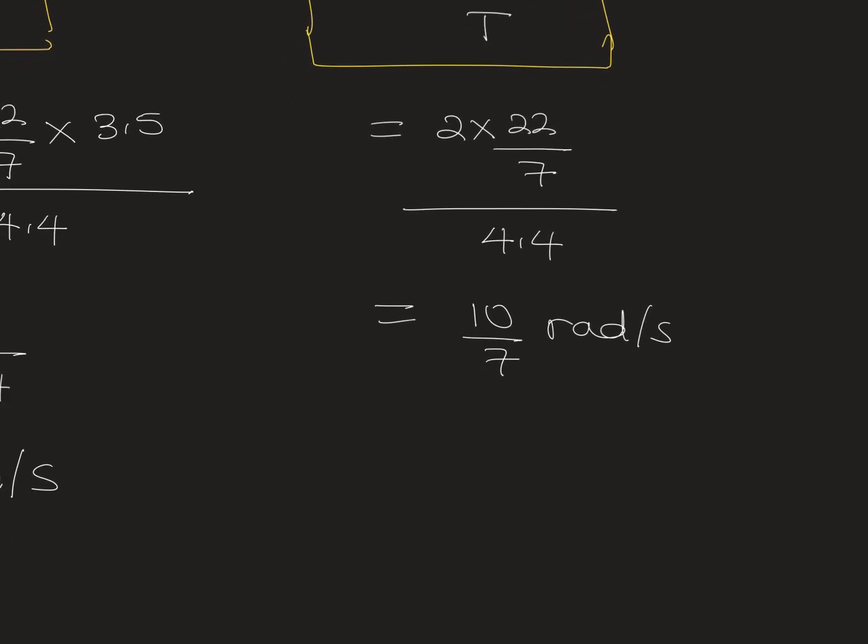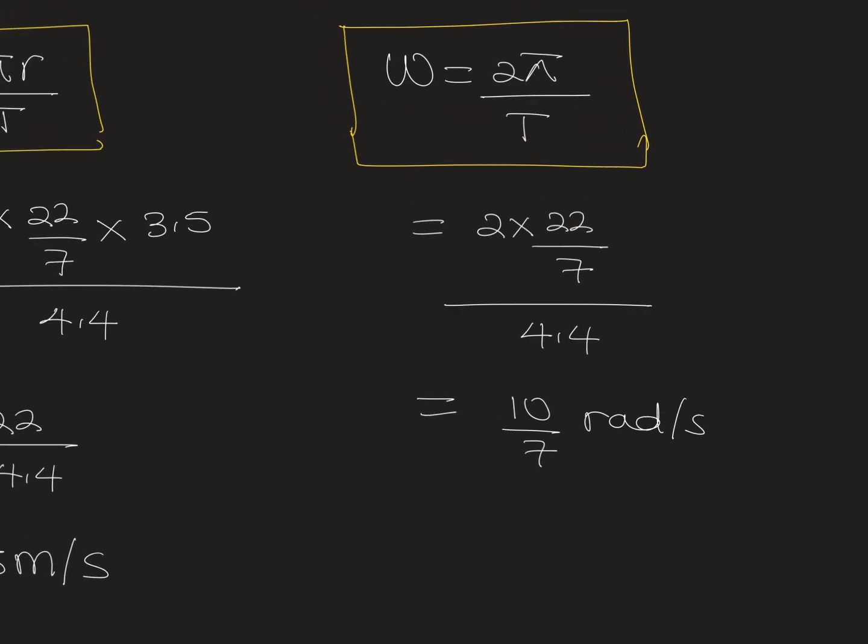Well, to be able to have the exact answers, I decided to leave the angular velocity as this, 10/7 radians per second, because approximating will make us not get the exact answer. So I decided to leave it like that.